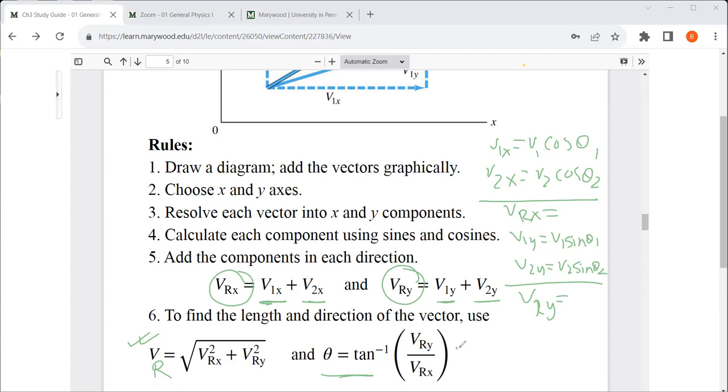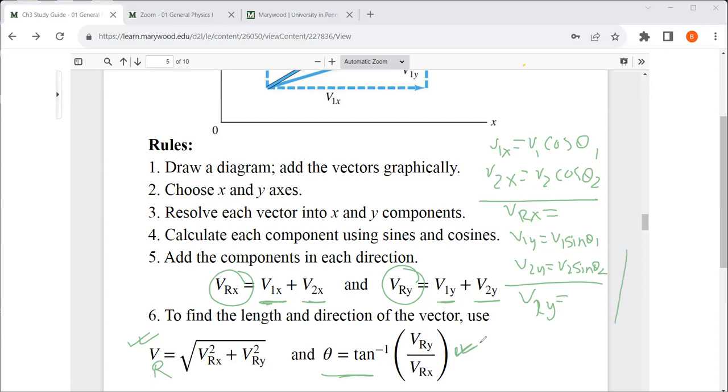Make sure that when you do this operation, the calculator mode is in degrees. So that's how you add two vectors in the analytical method.